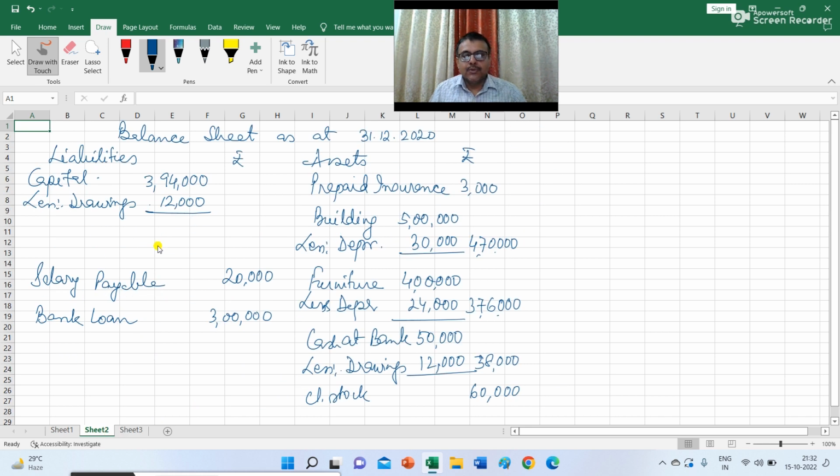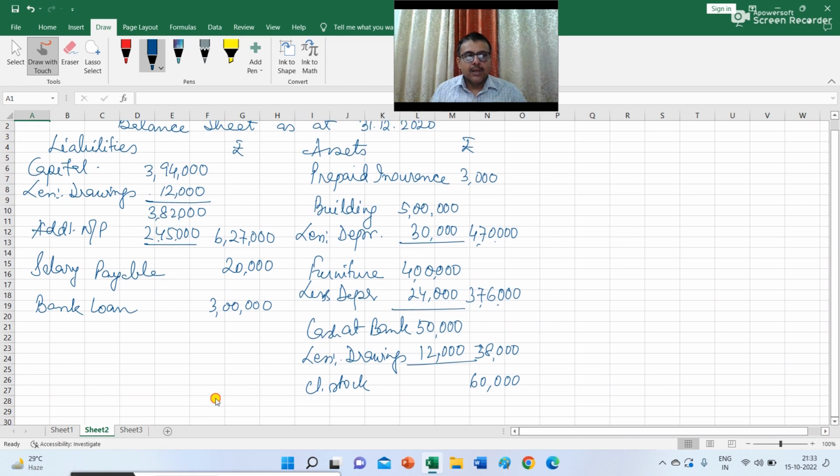So you have to add up the amount of net profit here and the closing capital is rupees 6,27,000. So the total of the liability side is 9,47,000 and the total of the asset side is also 9,47,000.